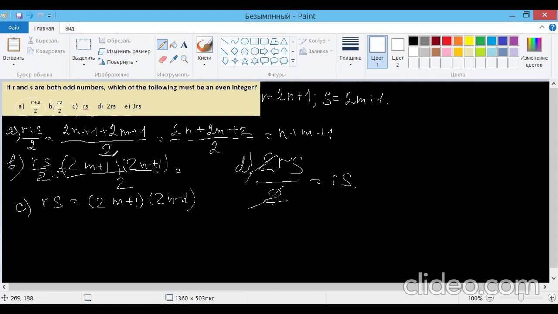And 3 times R times S isn't, because 3 over 2 isn't an even integer. It's 1.5, and 2 over 2, yes, it's 1. For that reason, 2 times R times S is an even integer. I hope that my logic of thinking is clear to you.